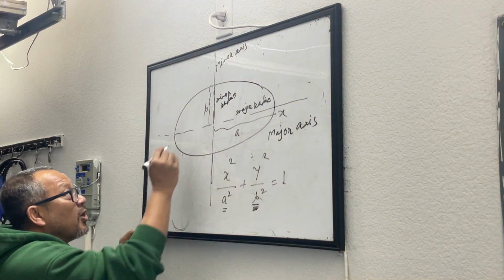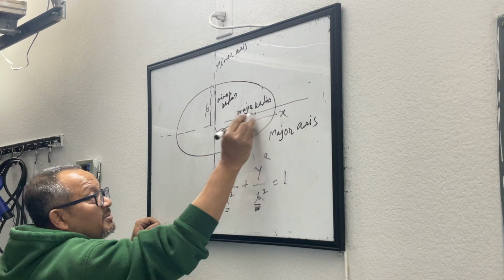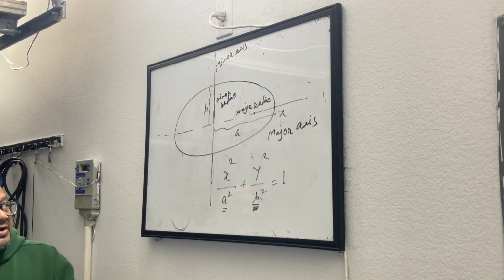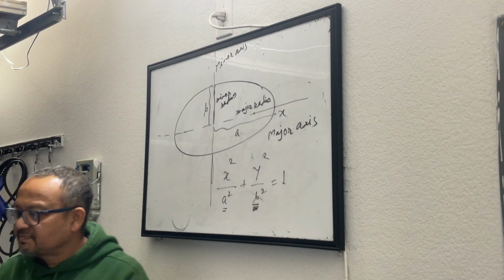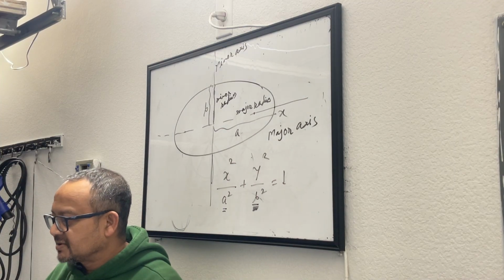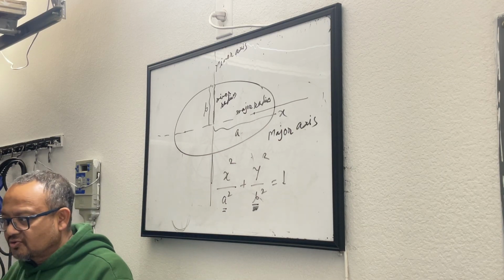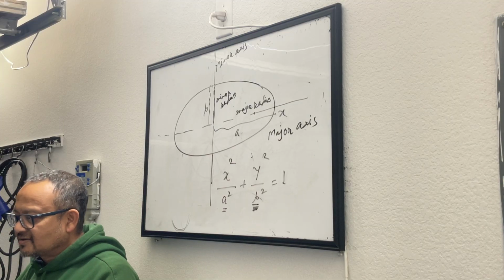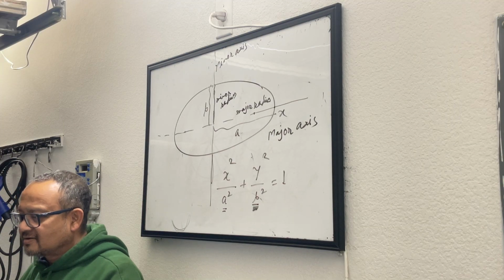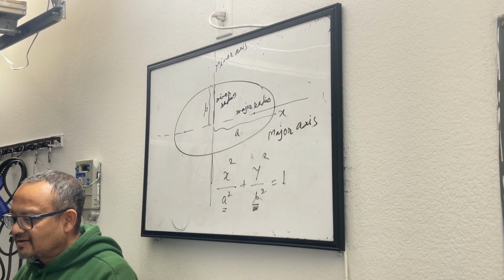There are 2 points along the major axis which have a very unique property and which are very, very specific to ellipse. Anybody recalls what those points are, or have you come across those points? Anybody? If you have heard it.